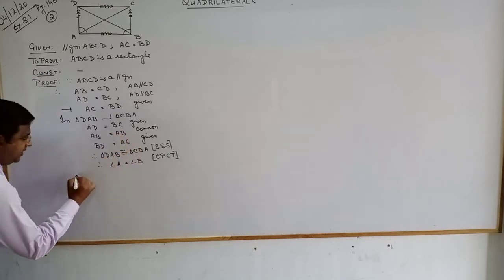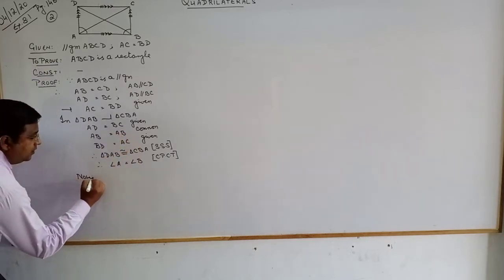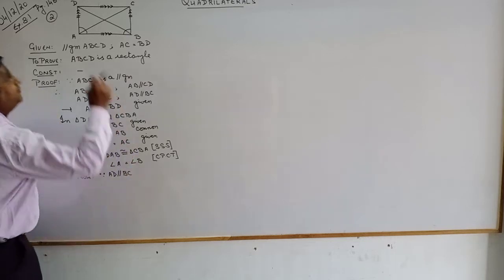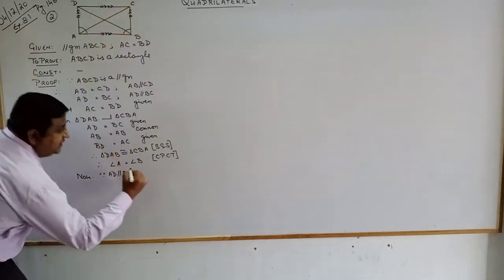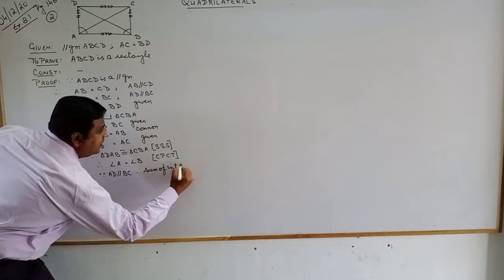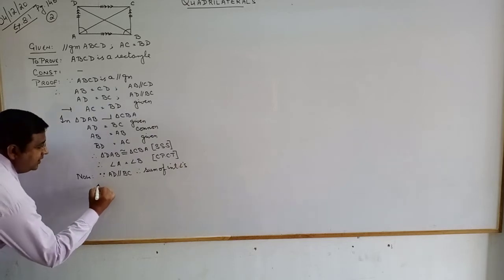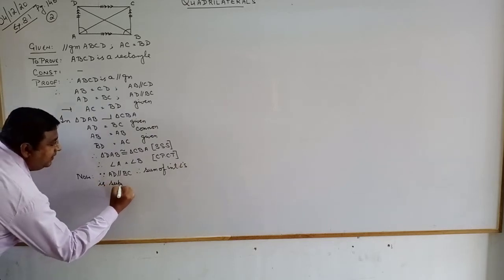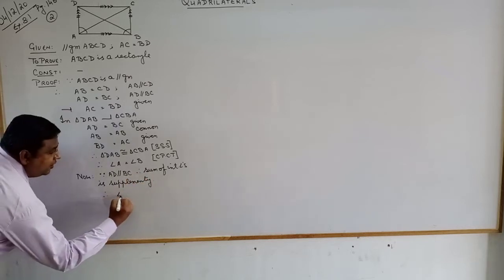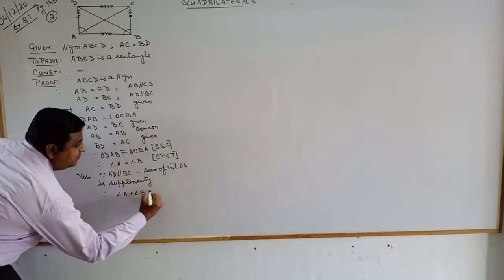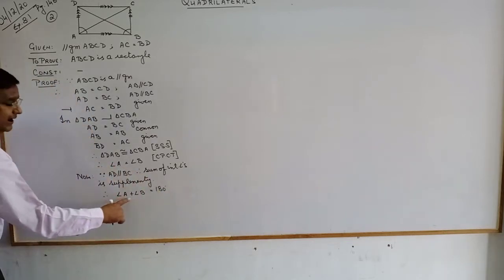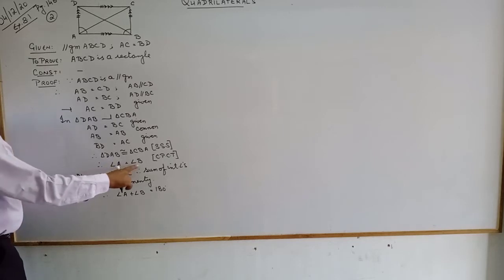Here, because AD is parallel to BC, the sum of interior angles is supplementary. So therefore angle A plus angle B is equal to 180. Angle A and B both are equal.